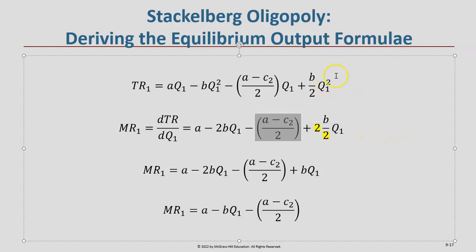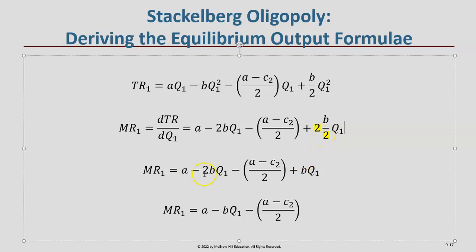And then the last term, we have an exponent of 2. So that comes out front of the slope expression for that last term. And the first derivative of Q squared is 2 times Q, 2Q. So we have this last expression here, and I've highlighted two terms that are going to cancel.